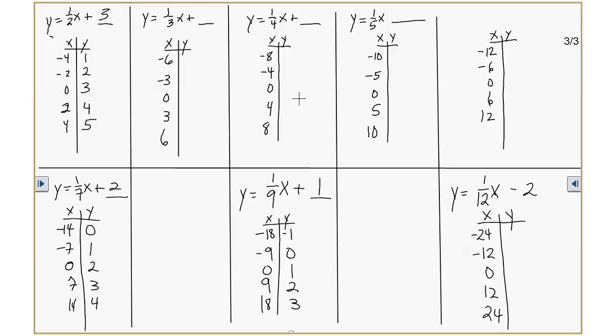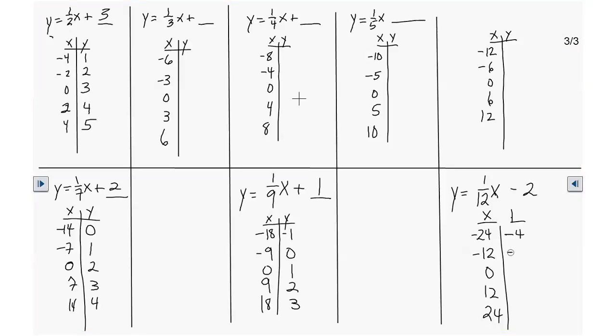Let's check this one. What's negative 24 divided by 12? Negative 2. Negative 2 minus 2? Negative 4. What's negative 12 divided by 12? Negative 1 minus 2?